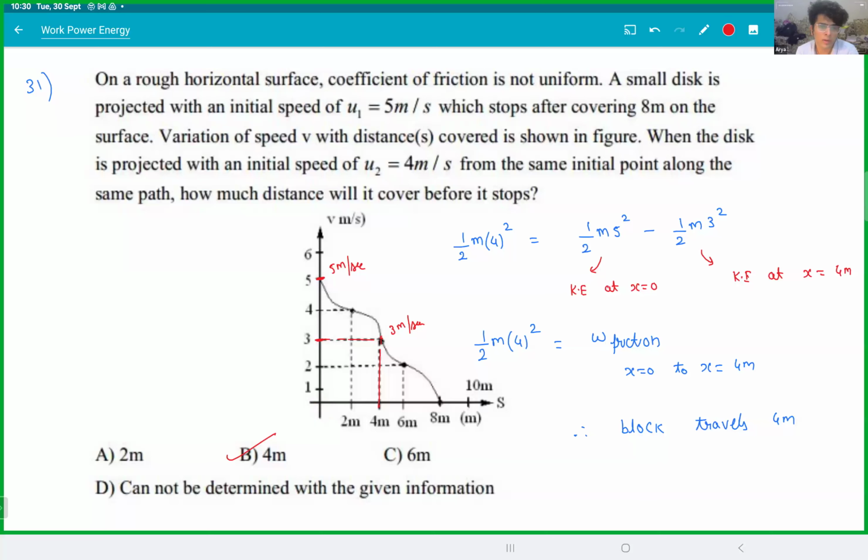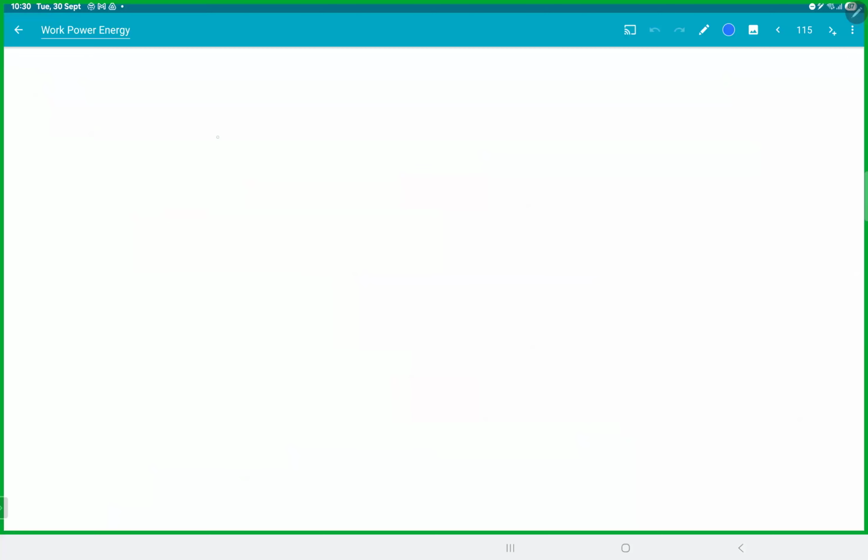Sir, but I am saying when your speed has gone from 5 to 3, if you say half m 5 square minus half m 3 square, can I write it like this? Let me write half m v square as half m 5 square minus half m 0 square minus half m 3 square minus half m 0 square.